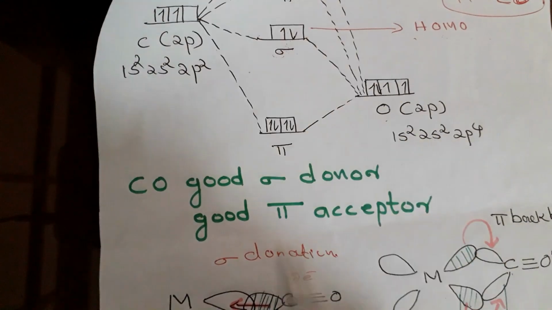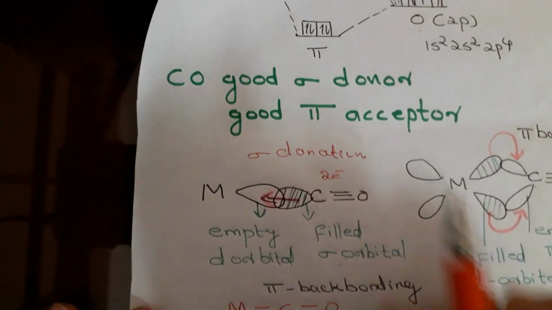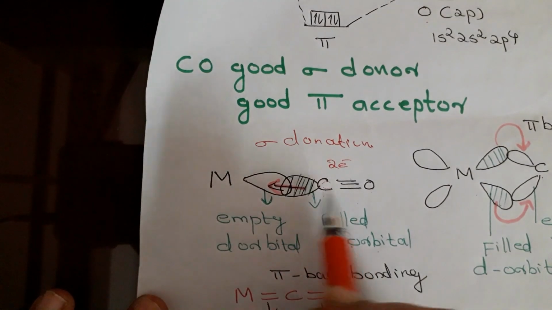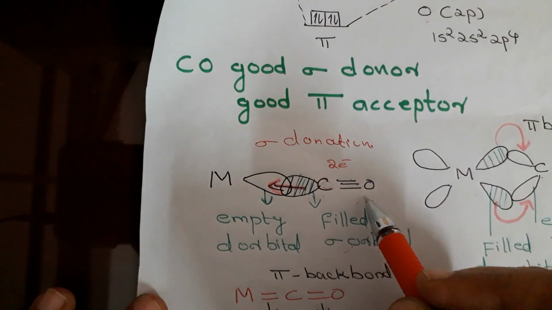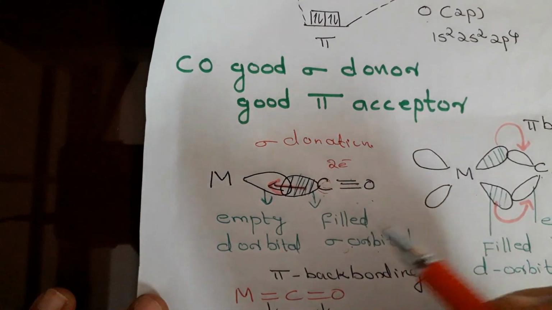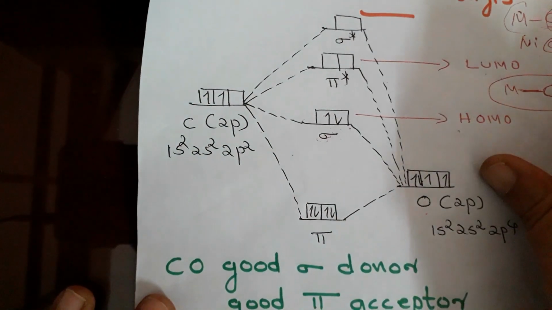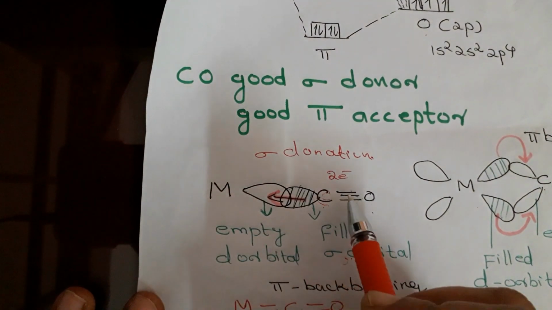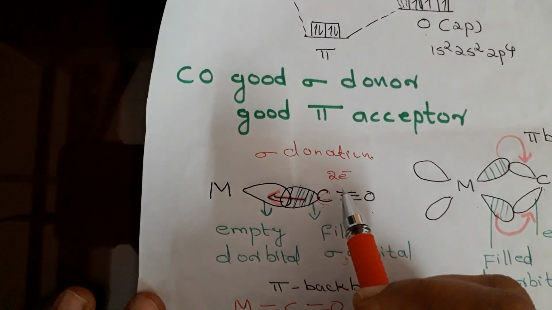I already said this. So how is CO bonded to the metal atom? We can describe this metal-carbon bond. Here the carbonyl group has a triple bond. Carbon has a filled sigma orbital, so it donates electrons. How many electrons does the carbonyl group donate? 2 electrons, as you studied in the 18 electron rule.